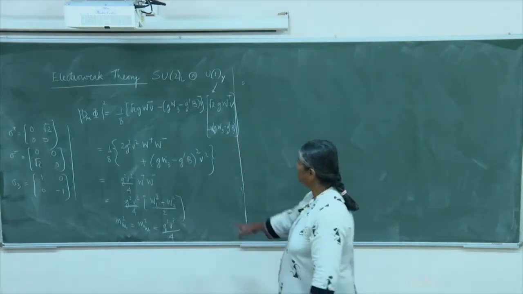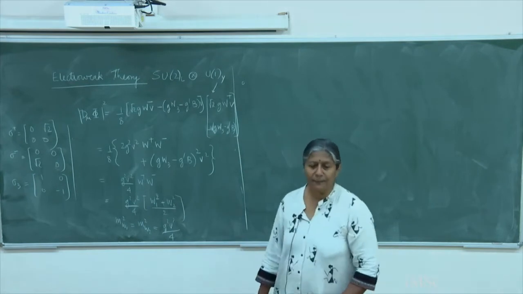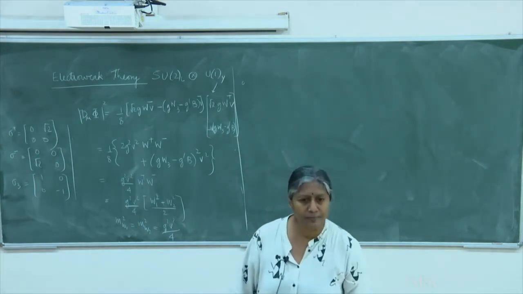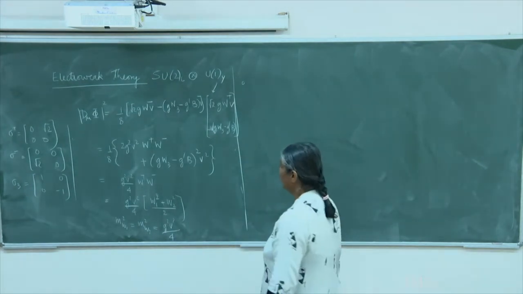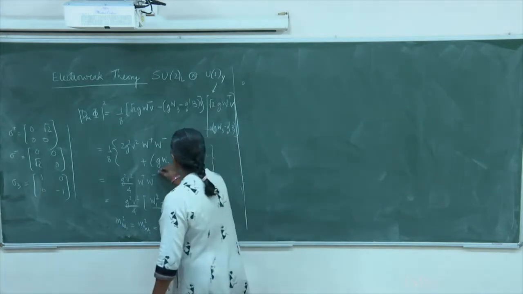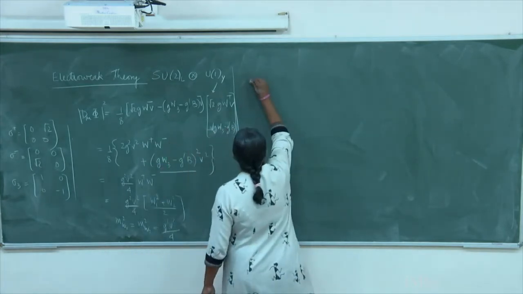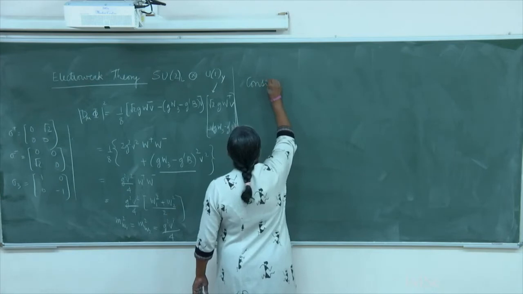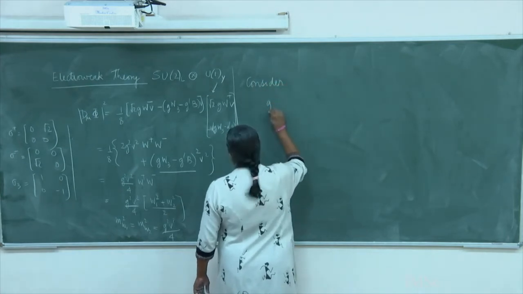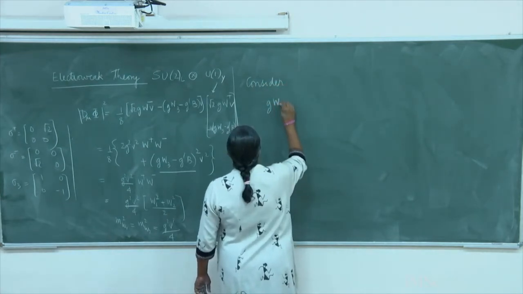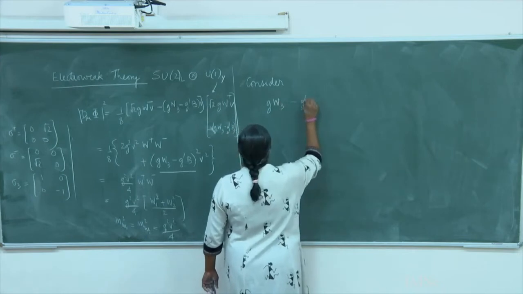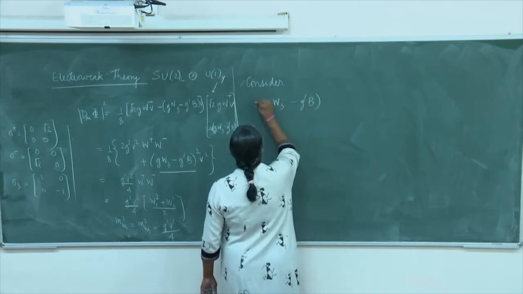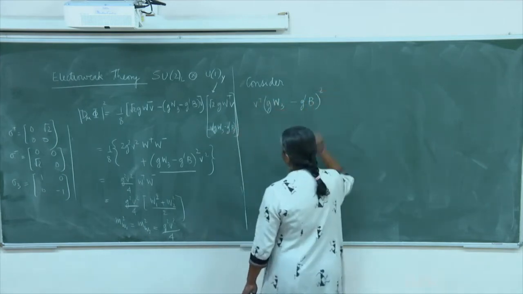So what should I get from the second term? From the second term I should get that the photon is massless and the Z boson is massive. So you remember now, let us look at, so consider G W3 minus G prime B square.